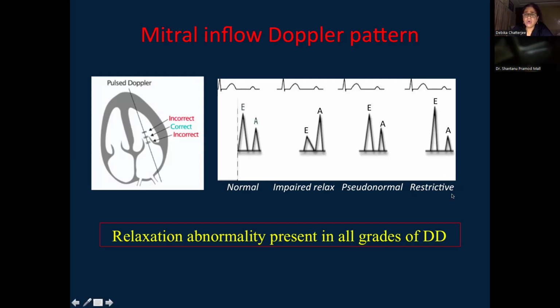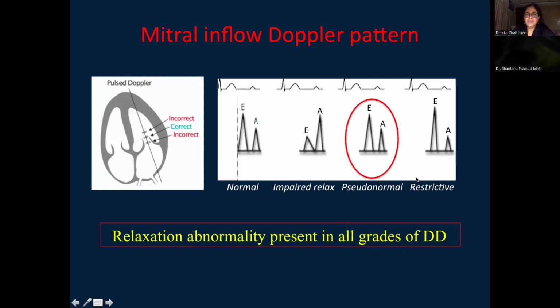So this is called a filling pattern of diastolic dysfunction, which is restrictive filling pattern. Now, what we see is that relaxation abnormality is present in all grades of diastolic dysfunction. It is the raised LA pressure which masks the impaired relaxation pattern and gives us these patterns.